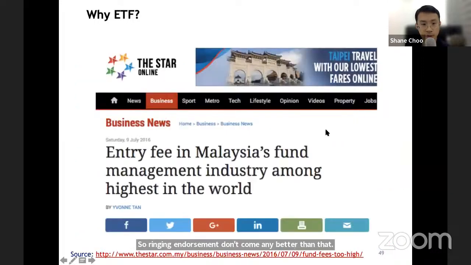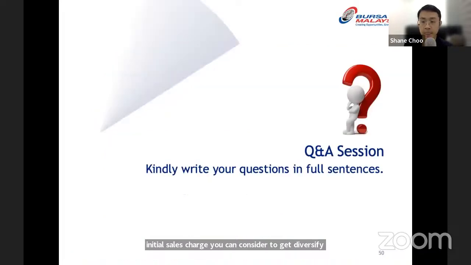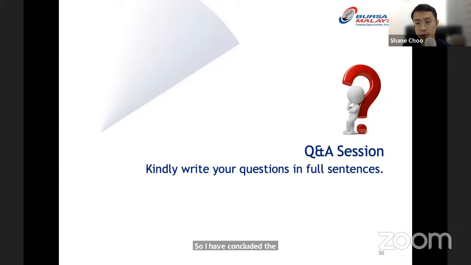Of course, last but not least, the entry fees in the Malaysian fund management industry are among the highest in the world. If you want to save money by reducing your initial sales charge, you can consider getting diversified exposure through passively managed funds like exchange traded funds. So I have concluded the session to share with you what ETFs are, how you evaluate ETFs, and debunk the myth of liquidity of ETFs.